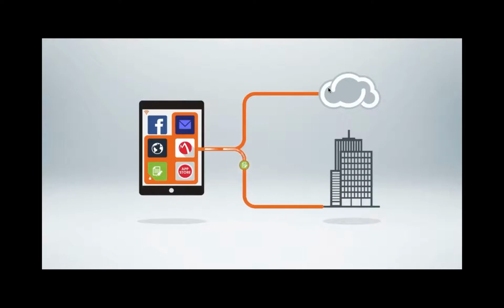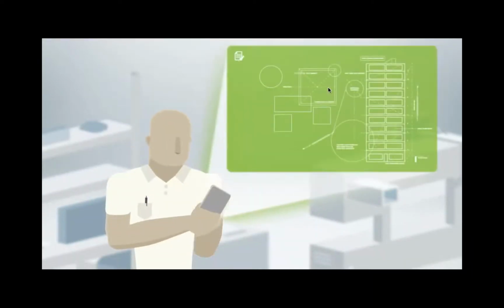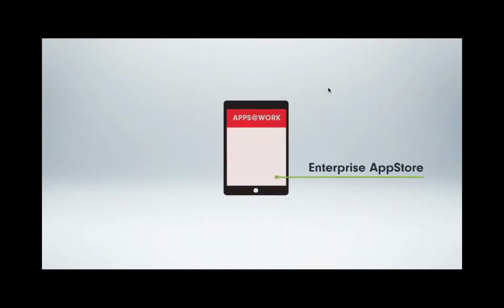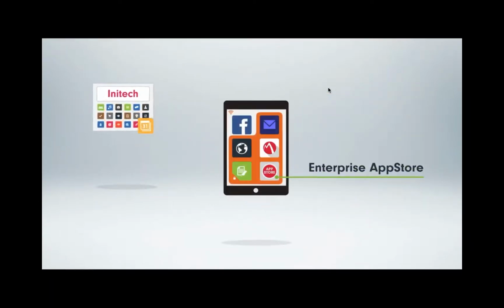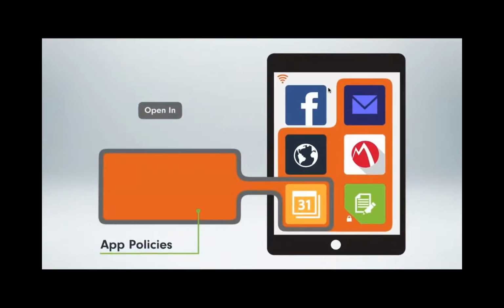John gets the fantastic content experience he wants to access and edit corporate documents, with MobileIron protecting the data both on the device and as it travels back to the enterprise or cloud. John needs to update the production schedule. He downloads the homegrown order-taking app from the Initech Private Enterprise App Store built with MobileIron.